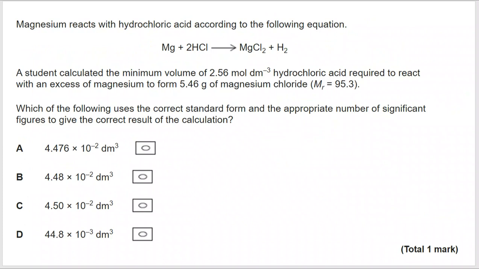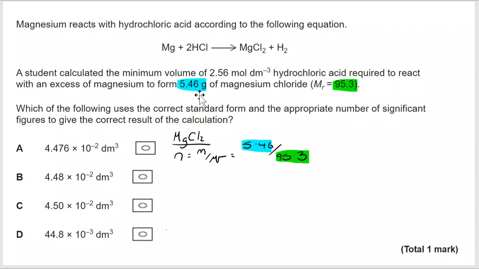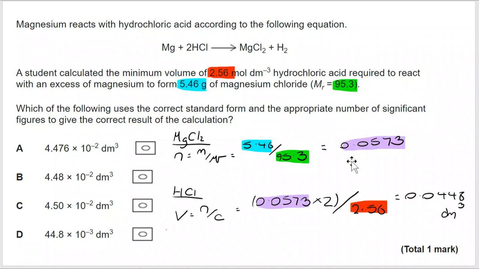And again, quite a lot of information to take on board here, but we've got the minimum volume of 2.56 molar hydrochloric acid required to react with an excess of magnesium if we were to make 5.46 grams of magnesium chloride. So my start point is the magnesium chloride. I'm going to take my mass, my Mr, and I'm going to work out how many moles there are. And with this, we can see that we've got 0.0573.